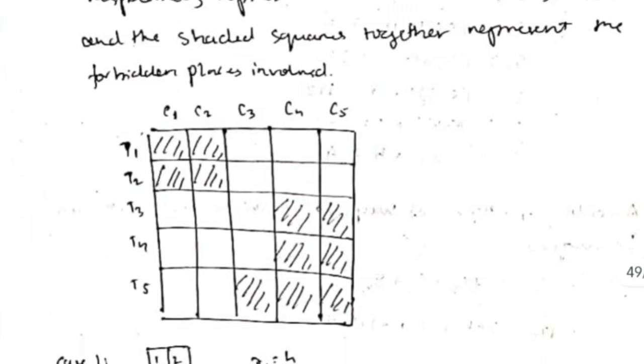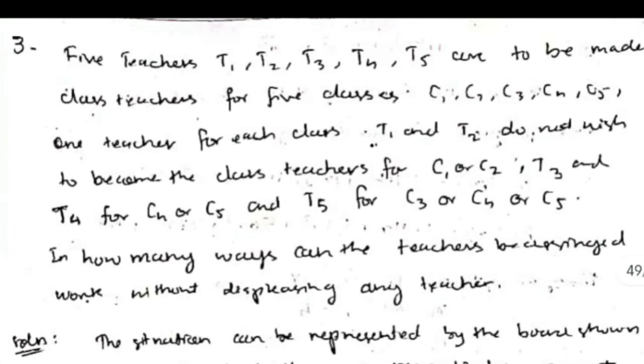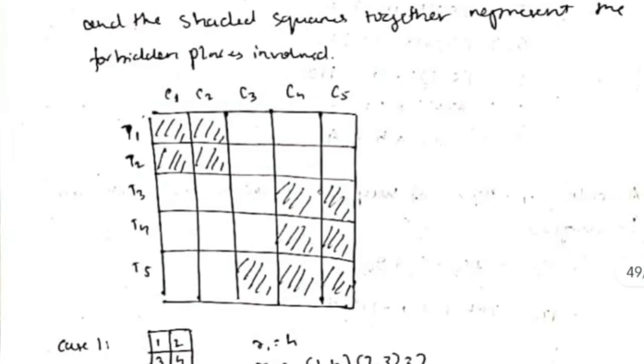exceptions given are, for example the first one, T1 and T2 do not wish to become class teachers for C1 or C2. Okay, so T1 and T2 will not become class teachers for C1 and C2, so those boxes will be shaded, and similarly for the other exceptions also.